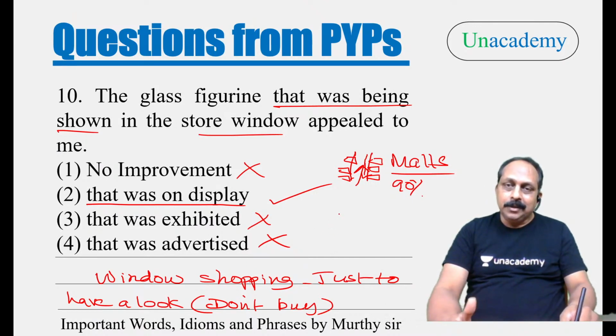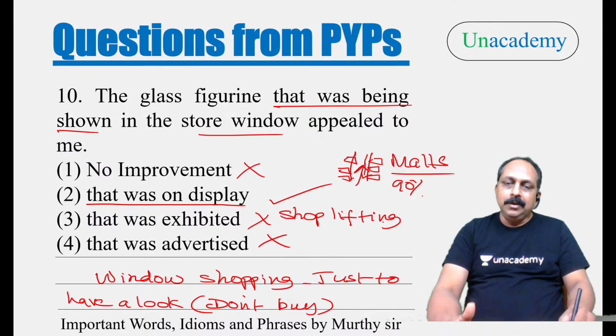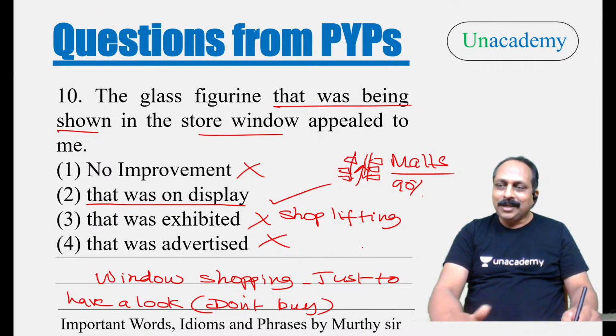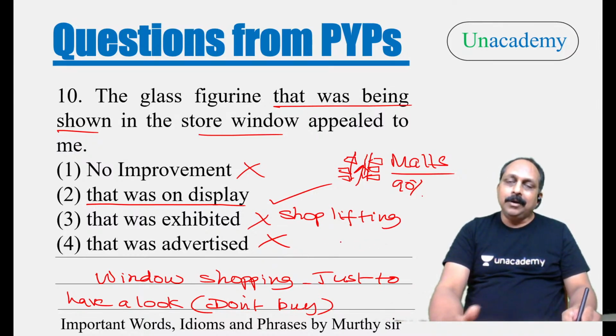There's one more expression I want you guys to learn. Have you heard of shoplifting? Practically, you cannot lift a shop at the outset. What is shoplifting? Shoplifting means this was a problem in the past in the US, in Europe, perhaps in our country also, but now it is not.